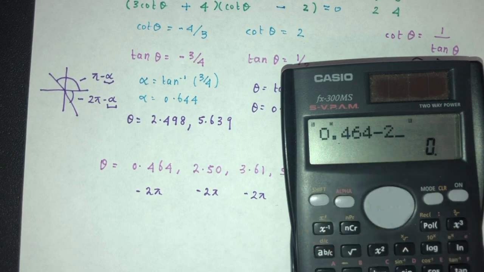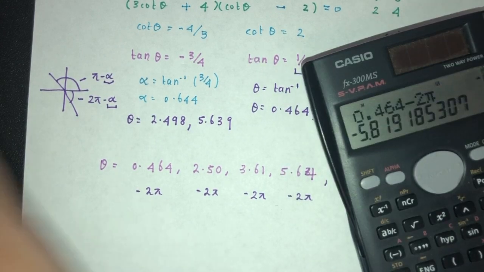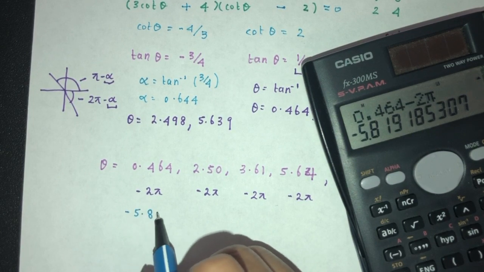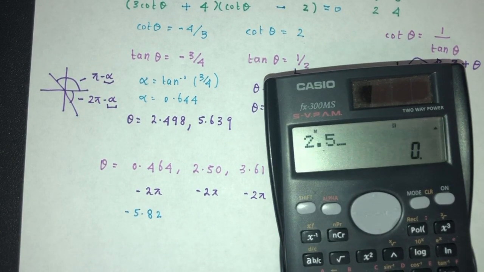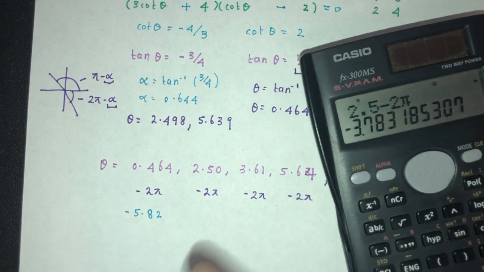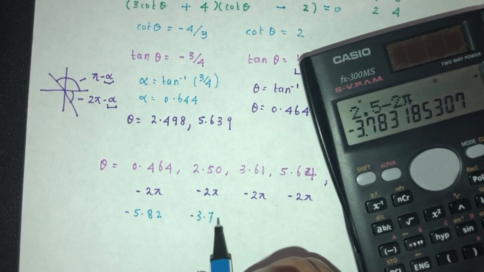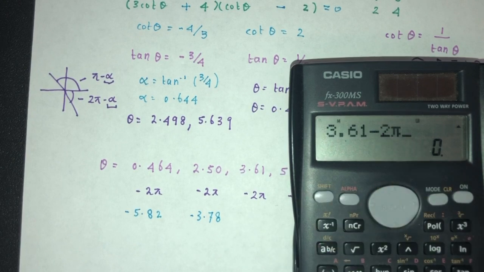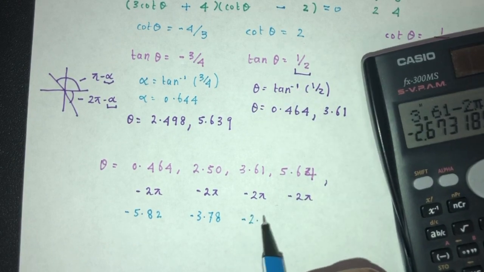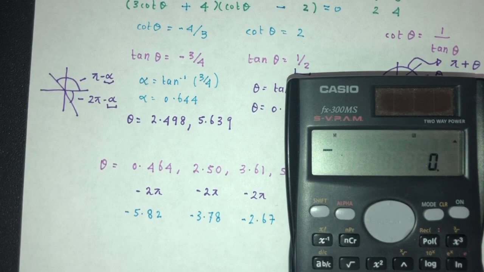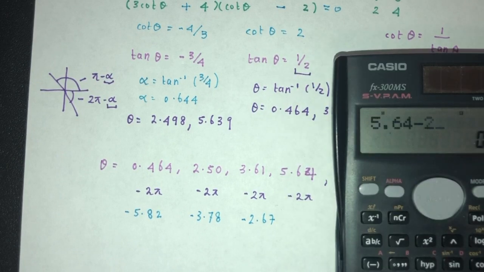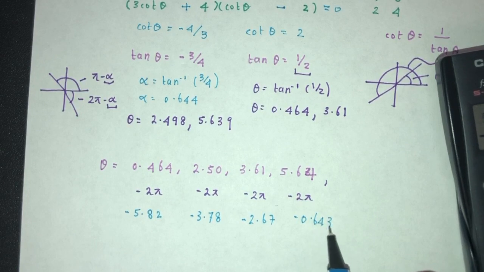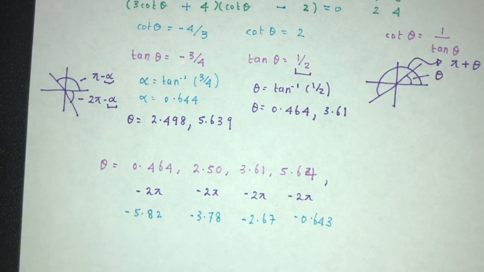0.464 minus 2 pi, let me use blue, that will be minus 5.82, which is too much. 2.5 minus 2 pi will be minus 3.78, too much. 3.61 minus 2 pi will be minus 2.67, too much. 5.64 minus 2 pi should be minus 0.643. That is actually inside of the required domain.